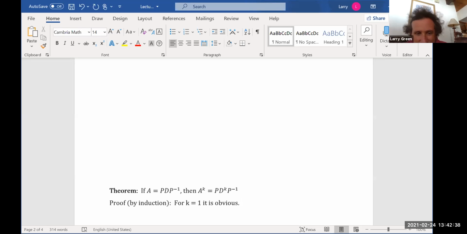Okay, so now assume that it's true for K. Do you remember how induction works? What do we have to do? Do you remember how mathematical induction works?